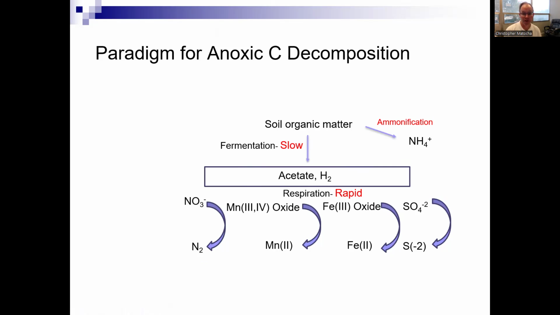Some early work on this was to try to understand production of nitrogen and its availability to plants. I actually found that anoxic ammonification was a good indicator of plant available nitrogen over a growing season. So we wanted to look and see how that fit into these other processes, sort of testing the hypothesis, if you will, that fermentation is slow, anaerobic respiration is rapid, and then seeing where ammonification fit in.